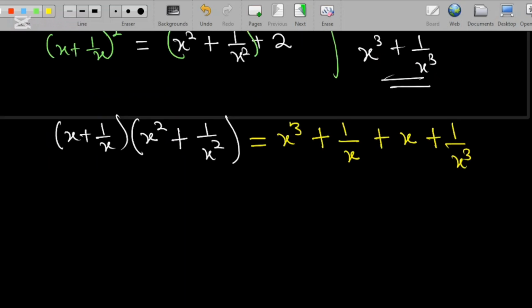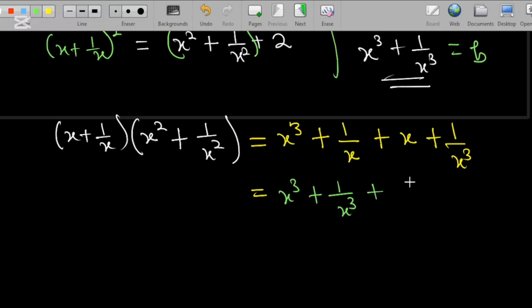Okay, so now you can clearly see that we have x cubed plus 1 over x cubed. Now why did I do this? Because this is the value of my B, so I need it to be together.